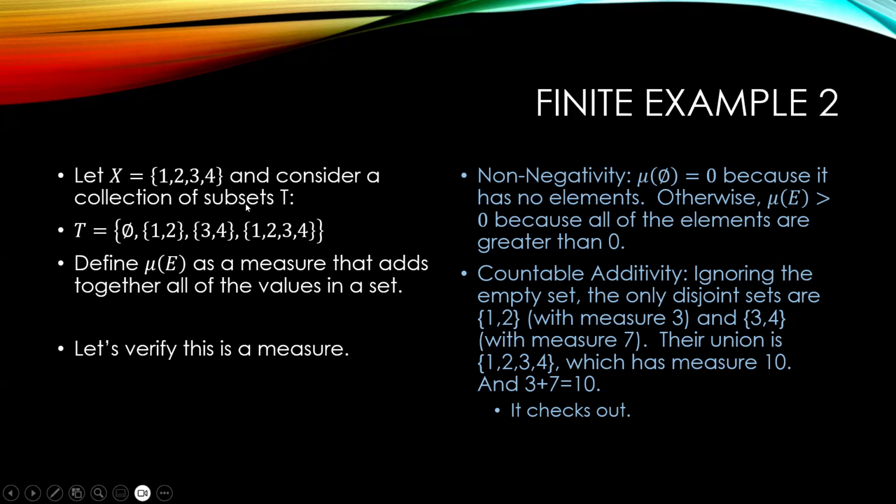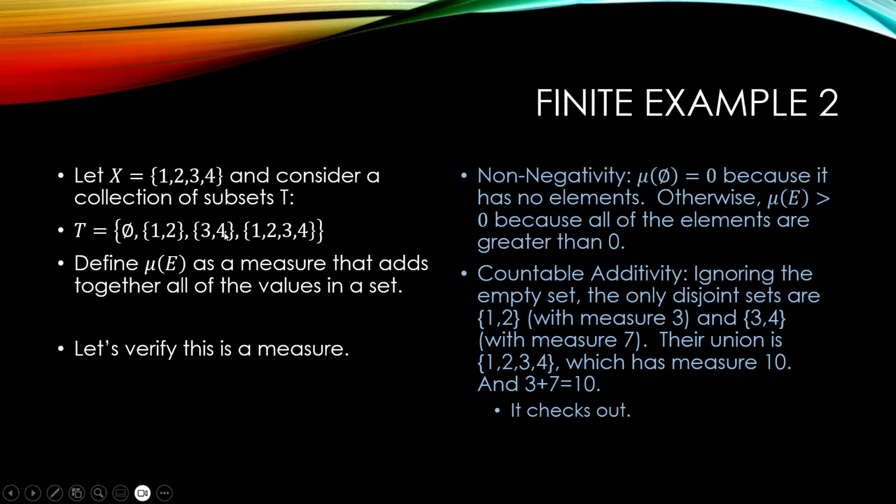Otherwise, we know that the measure is going to be greater than 0 because we can add up the elements in all of them. Well, let's figure out the measure of each of these elements. For {1, 2}, the measure, which adds together all of the values in the set, 1 plus 2 is 3. And so the measure of {1, 2} would be 3.